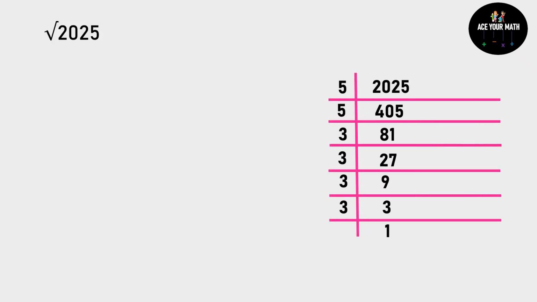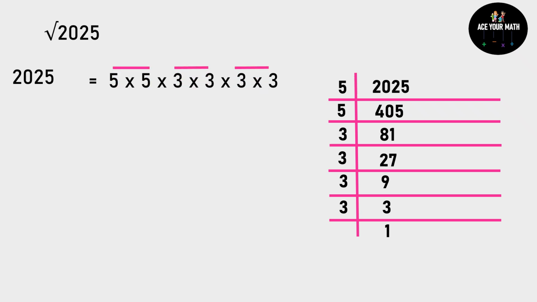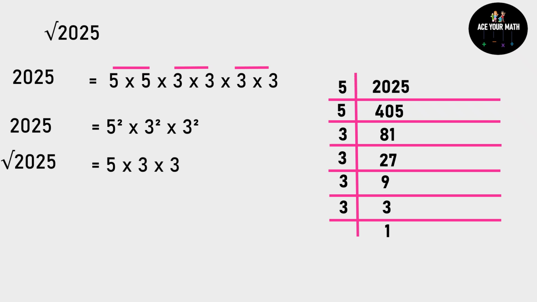We already saw how to find the square root of 2025 by the prime factorization method. So you can write 2025 as the product of all these prime factors. Now the next step is formation of pairs. Form the pairs and 2025 can be written as 5 square times 3 square times 3 square. Now you are looking for the square root of 2025, so it is 5 times 3 times 3.